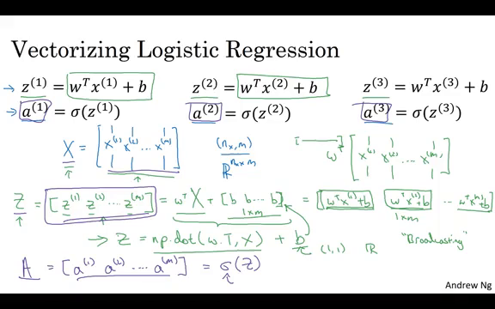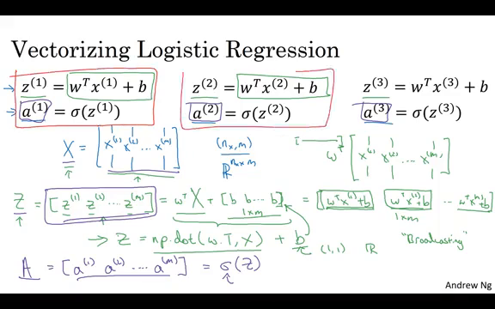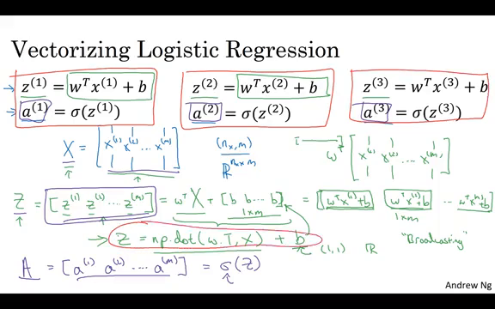So just to recap, what we've seen on this slide is that instead of needing to loop over m training examples to compute lowercase z and lowercase a one at a time, you can implement this one line of code to compute all the z's at the same time, and then this one line of code, with appropriate implementation of lowercase sigma, to compute all the lowercase a's at the same time.